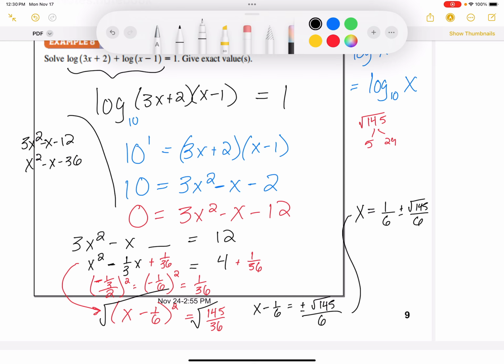Two numbers that you can multiply together to get 36 that you can add together to get 1. 36 divided by 9 is 4, 36 divided by 6 is 6, 36 divided by 12 is 3. So you couldn't factor this one.